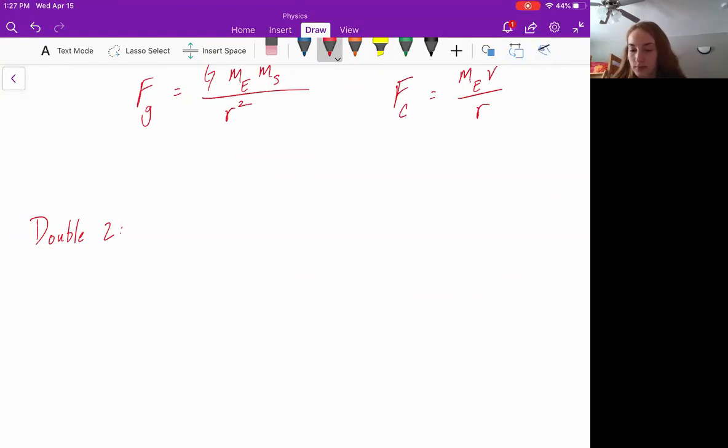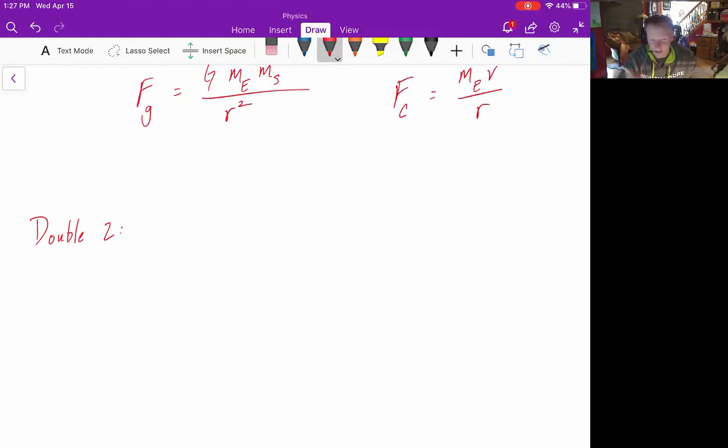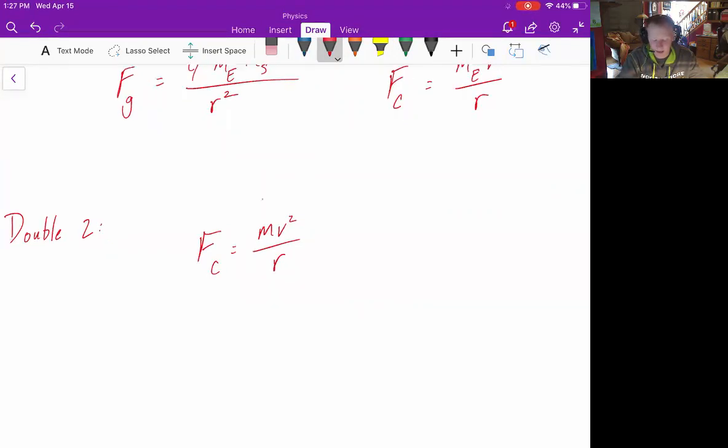This one, we know that if it's spinning, it's going to have centripetal motion, mv squared over r, and we want to create the feeling. This is the feeling that something with a mass m would experience being on the outside spinning around. We want that to be like Earth.